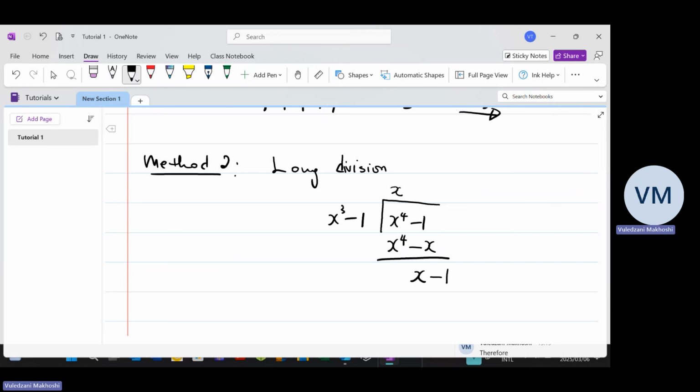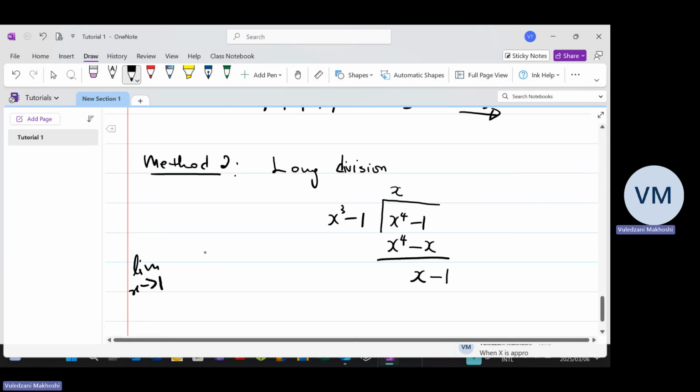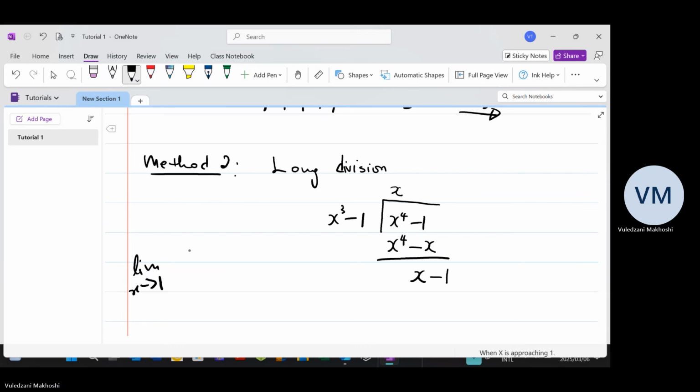Therefore, what we have is as follows. So we have the limit when x is approaching 1 of our quotient plus our remainder over our divisor.